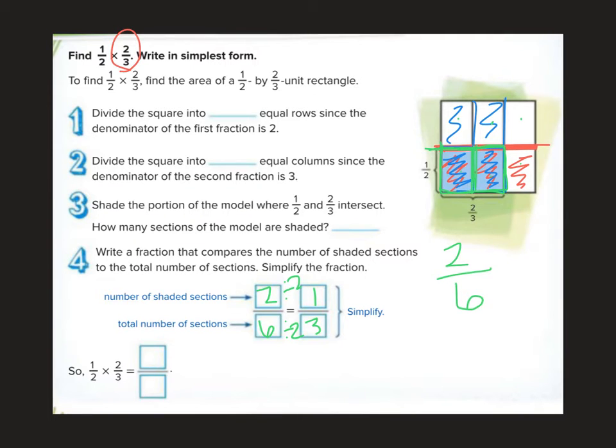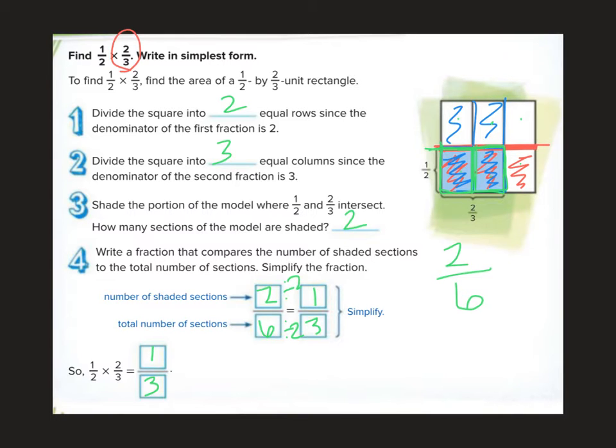So 1/2 times 2/3 is 1/3 of the whole shape shaded. So if we want to fill it in, we're going to divide it into 2 equal parts, then divide it into 3 equal parts. How many sections are shaded? If we look at where they intersect, 2 sections are shaded, and it's now cut into 6 equal parts.